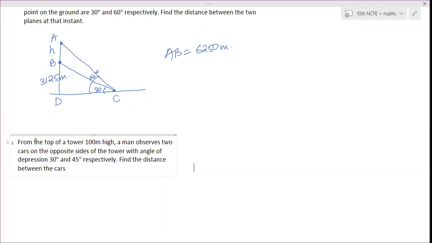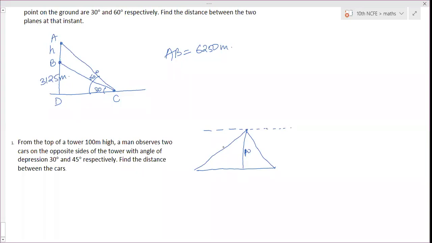So here it is on the opposite side. Most of the students have taken that as the same side. So here and here, this is a 100 meter high tower, and from that the angles of depression. Nainika, where are the angles of depression formed, with the horizontal line or with the vertical line?